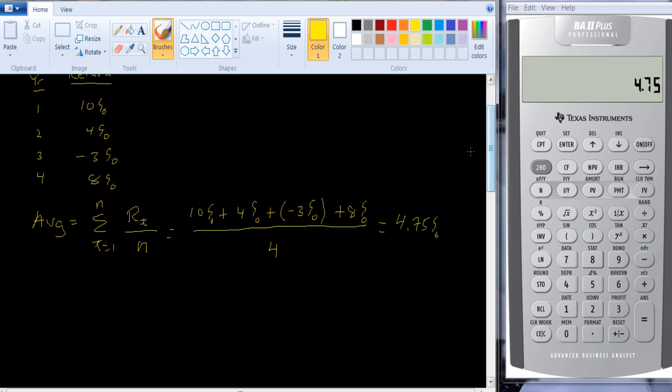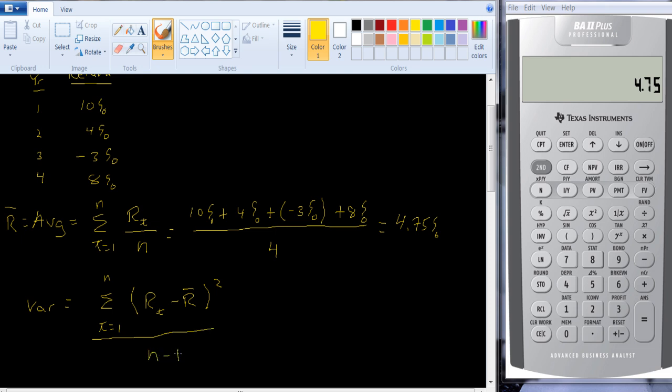The variance is going to be equal to the sum from t equals 1 to n of RT, and let's call this average R bar, minus R bar, squared, and then we divide the whole thing by n minus 1.